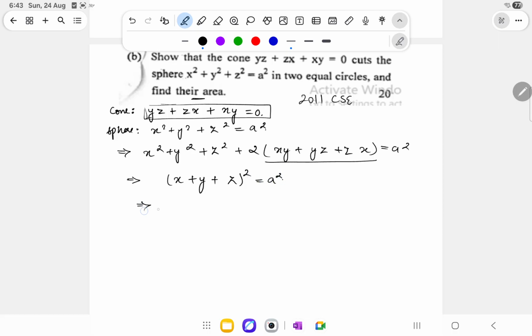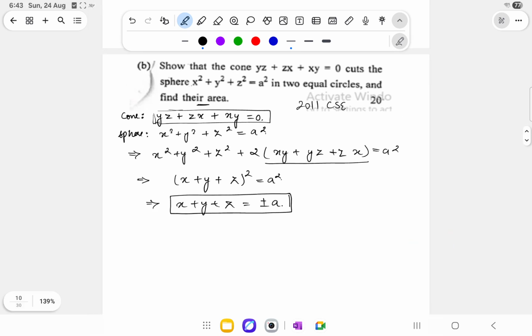So if I solve this, I'll get x + y + z = ±a. This is basically my equation of planes wherein the given cone cuts the sphere in two equal circles. These are the two planes which cut the given sphere into two circles.